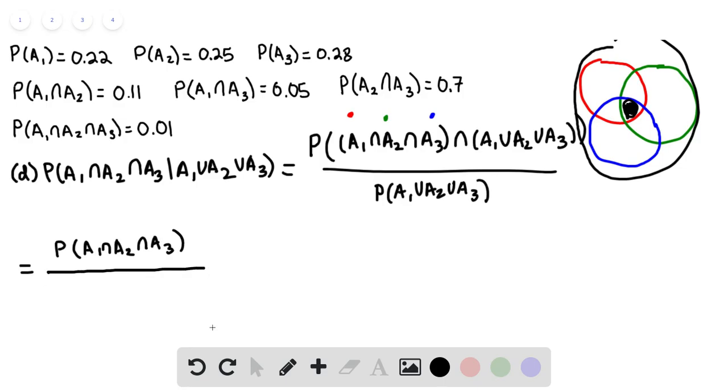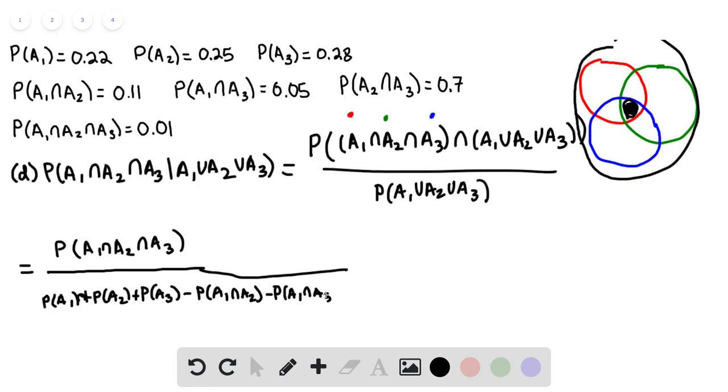Now we have to use our addition rule for 3 variables on the bottom here, which is the probability of A1 plus the probability of A2 plus the probability of A3 minus the probability of A1 intersect A2 minus the probability of A1 intersect A3 minus the probability of A2 intersect A3 plus the probability of A1 intersect A2 intersect A3.